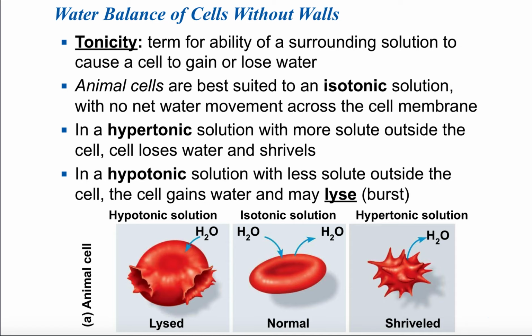Because remember, your membrane is limited in how much it can stretch. So an animal cell ideally should be in an isotonic solution, that's normal for it. And in fact, our bodies are all about regulating our water intake and removing excess water, to make sure the concentration in our blood and the liquids around our cells is at the right level of saltiness, so that the outside of the cell is roughly balanced with the inside of the cell.